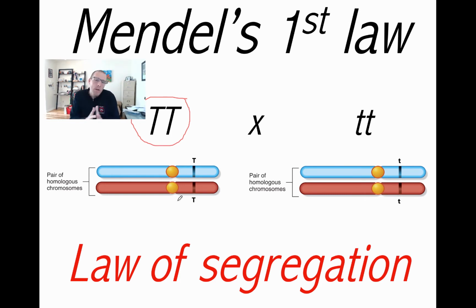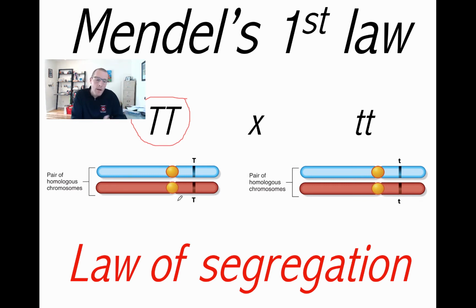So in the homozygous dominant plant, all the cells are going to have these homologous pairs of chromosomes, 1 from mom, 1 from dad, and one of those chromosomes will have this T gene on it, a big T, and on the other chromosome there'll be a big T. So the homologous pair of chromosomes is big T.